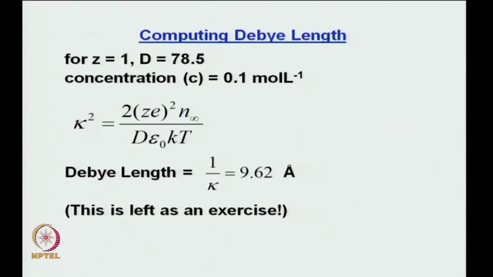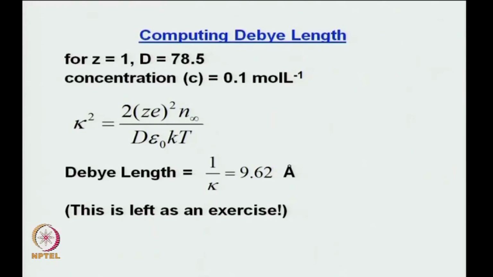This is an example of computing Debye length, right. For z equal to 1, I am computing the Debye length, D is equal to 78.5, that is the dielectric constant. Concentration I have taken C to be 0.1 moles per liter, right. So, if I do a Debye length calculation based on whatever we have derived, the Debye length, which is 1 by kappa, comes to be 9.62 angstroms.